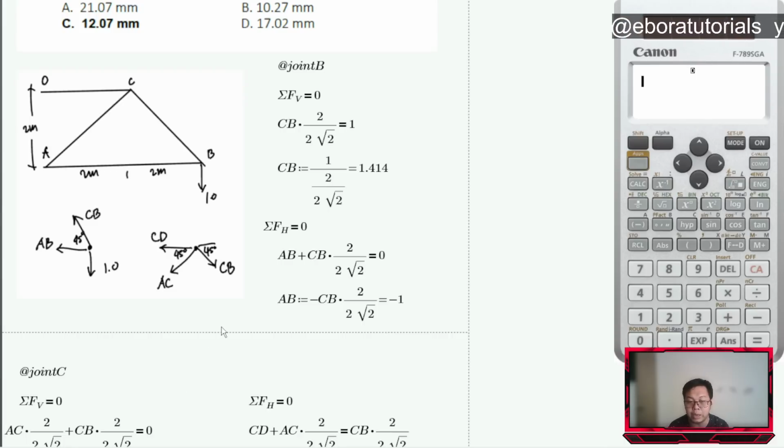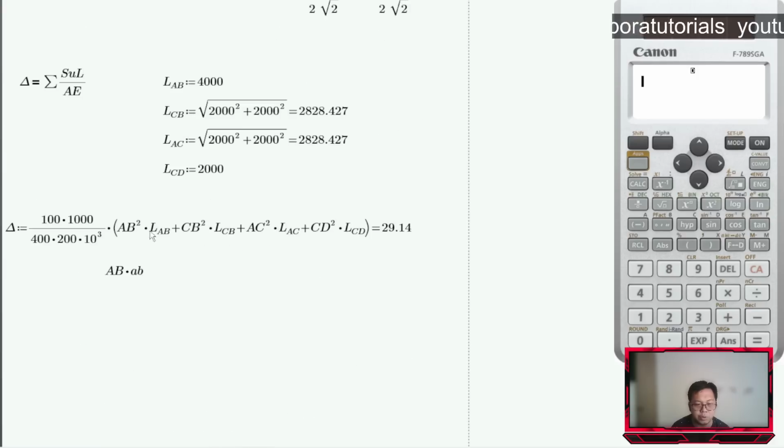I just need to multiply it by 100. So, bale, ang CB instead na 1.414, 1.414 yan sa virtual. But pag sa actual, that is actually 141.4. Parang ganun. Okay, so I hope okay tayo ha. So, instead of solving again, nag-multiply na lang ako.